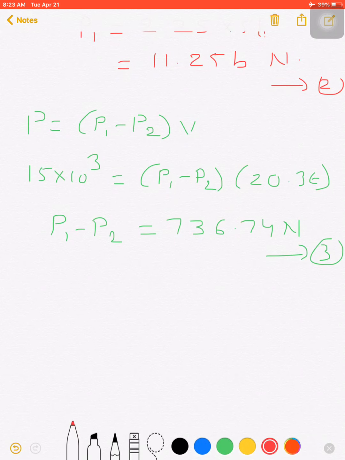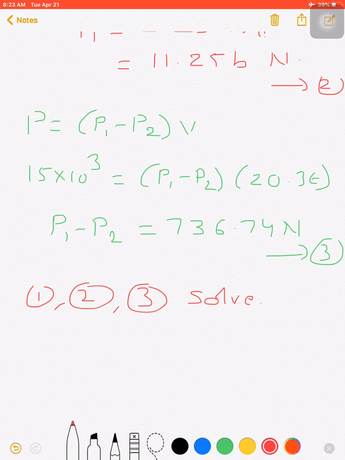If you solve these three equations, 1, 2 and 3, you will get B value as 127.202, which is taken as 130 mm.